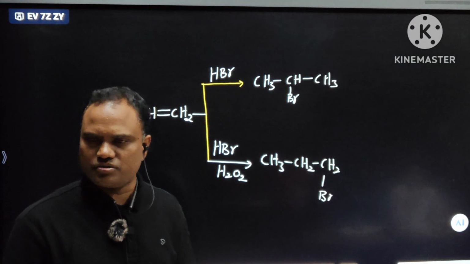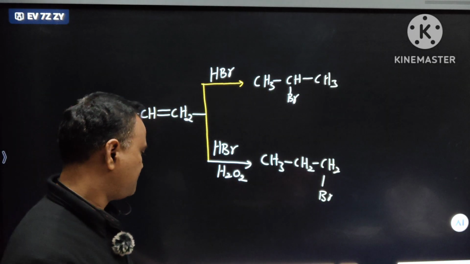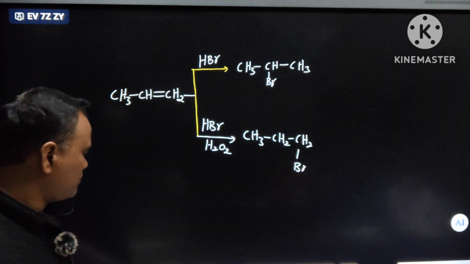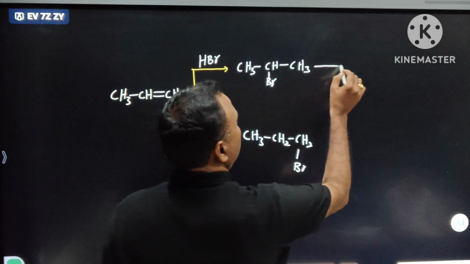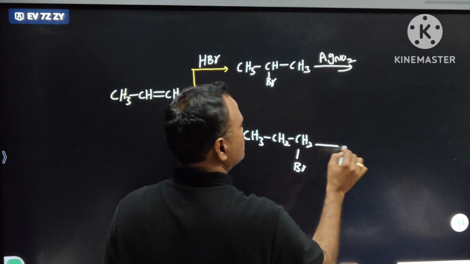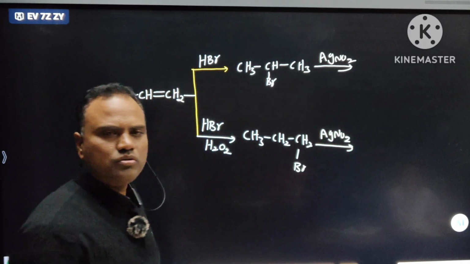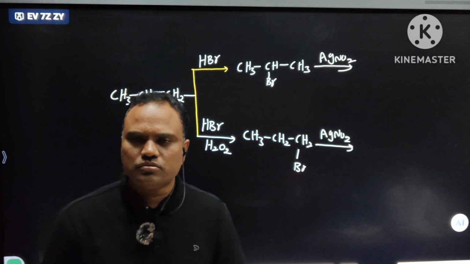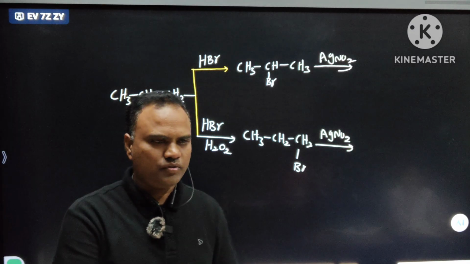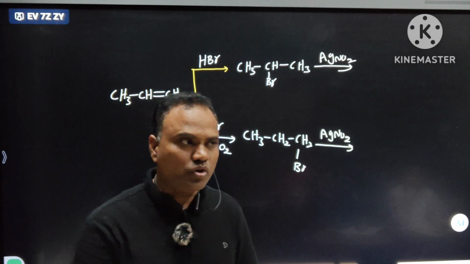Alkyl halide preparations, these are first chapter. When I use AgNO2, you know NaNO2, KNO2, one set, AgNO2, other set. With NaNO2, KNO2, what will we get?